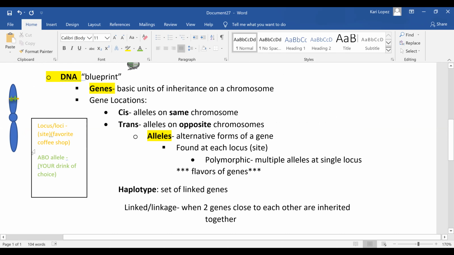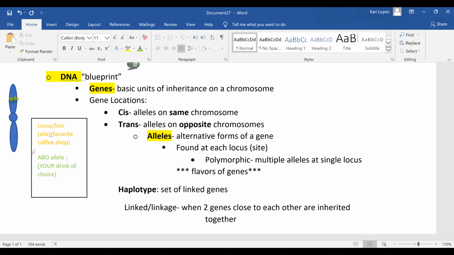So sometimes if there's a haplotype, or a set of linked genes, this isn't an exact example, but let's say brown hair and brown eyes are a haplotype together, or blonde hair and blue eyes.